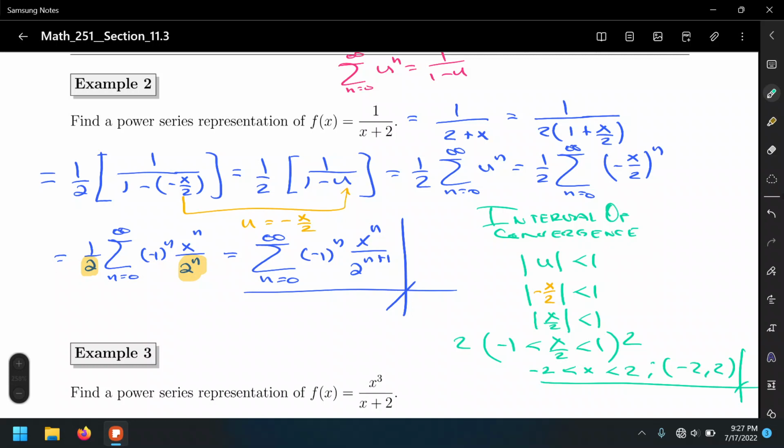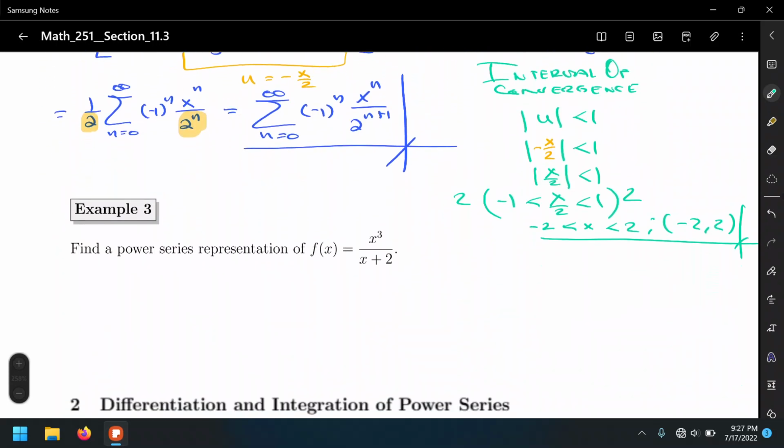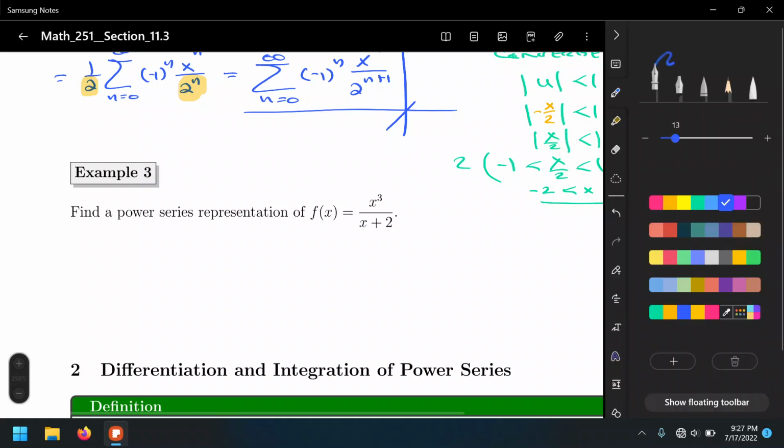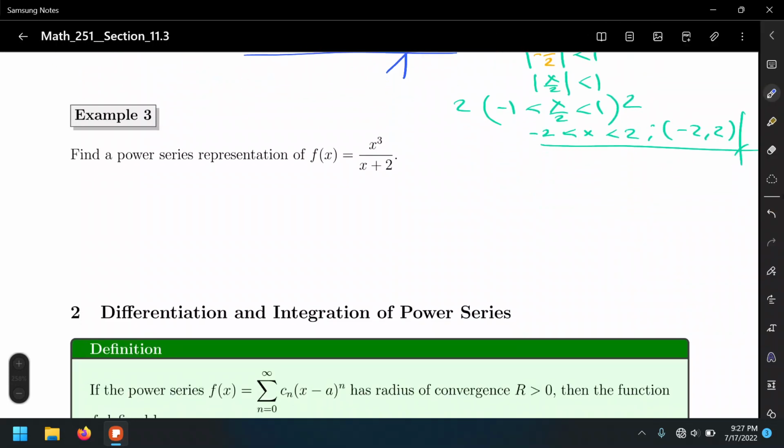For example number 3, let's find the power series representation for f of x equals x cubed over x plus 2. In this case, I'm not going to go through the entire process again. Think of the following: f of x equals x cubed over x plus 2.